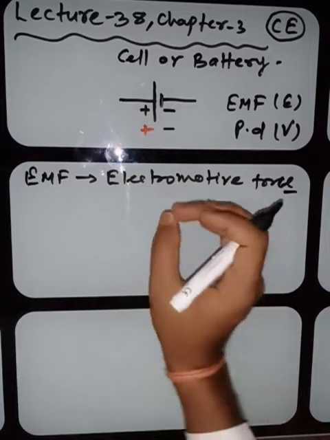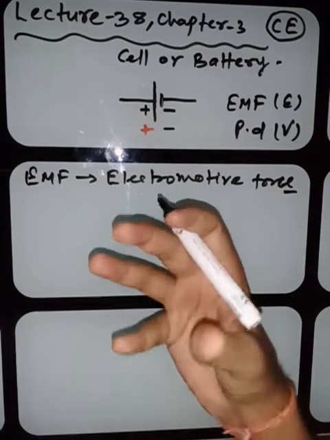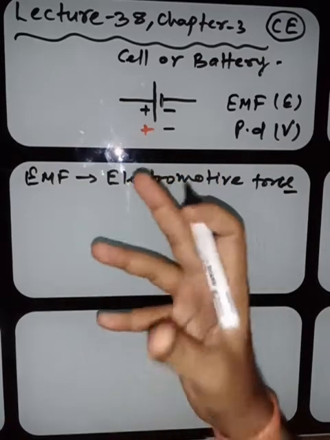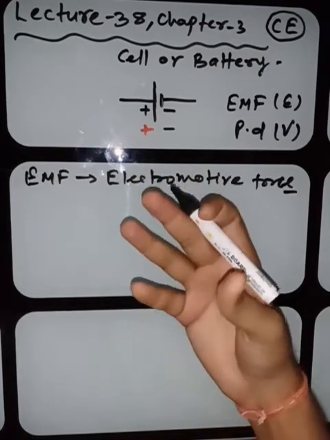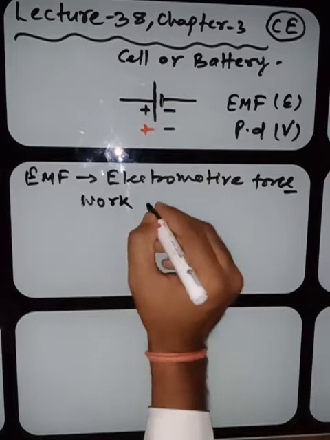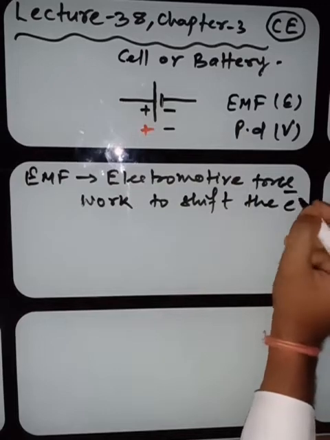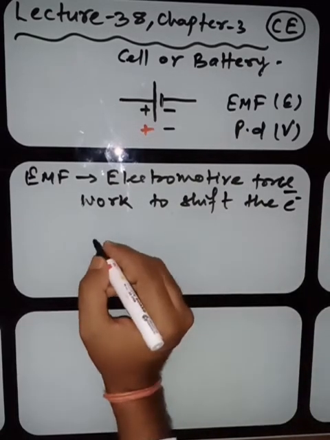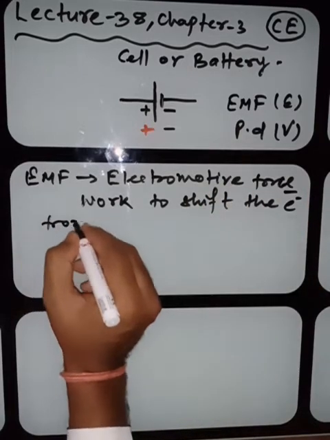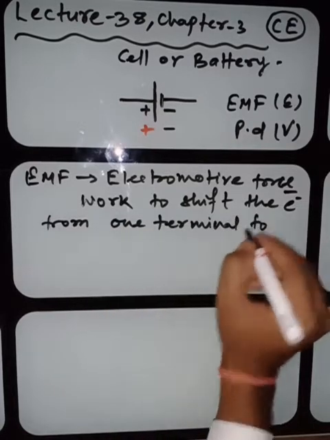The electromotive force is not a force, but it is the amount of work done by the charge carrier to shift itself, basically the electron, from one terminal to another.